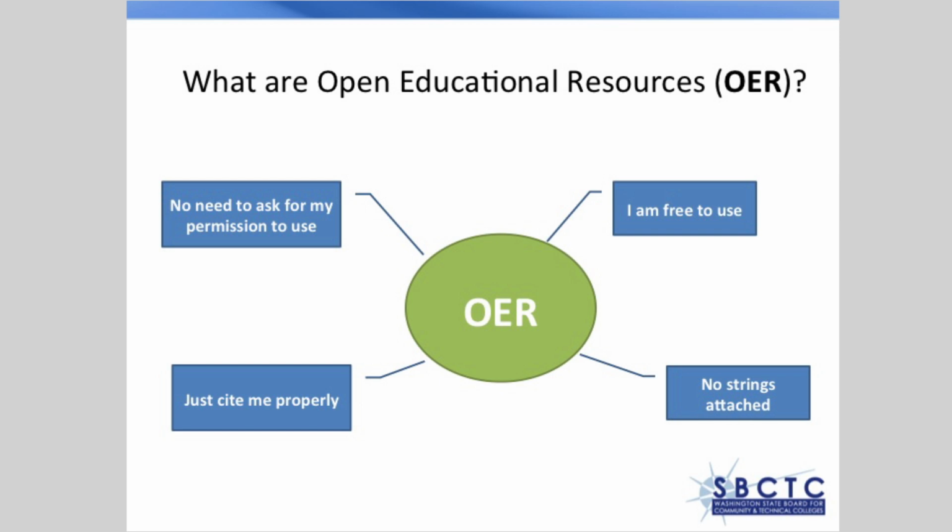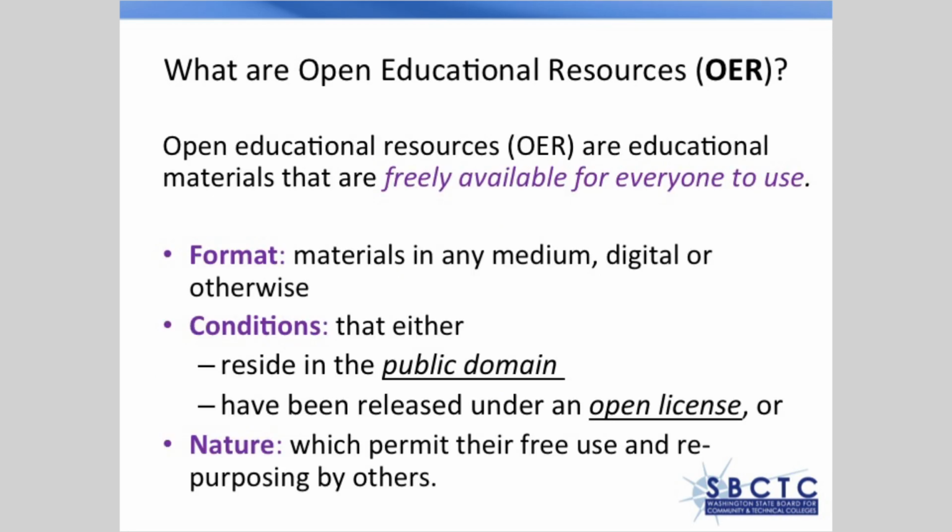That's a basic definition of open educational resources. The resource comes with a tag like, I'm free to use, no strings attached, no need to ask for permission because it's already granted, and just cite me properly. That's how I understand open educational resources.